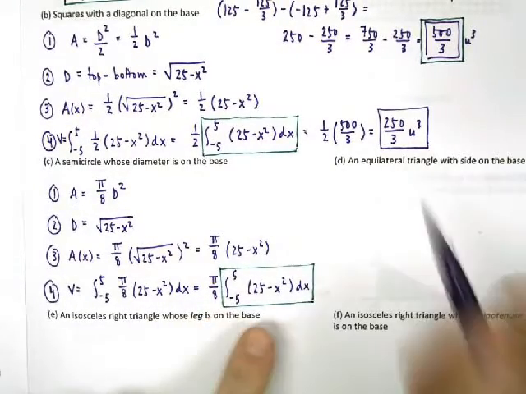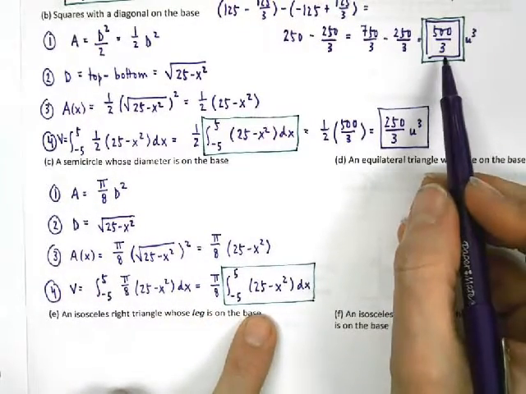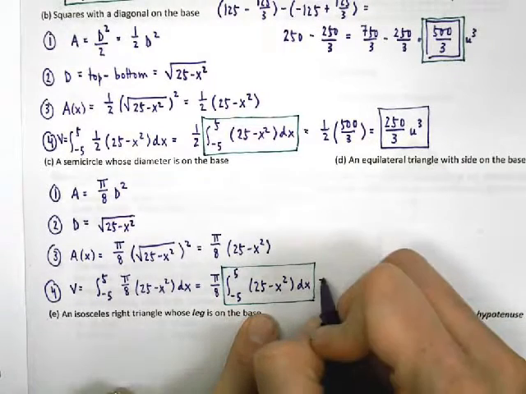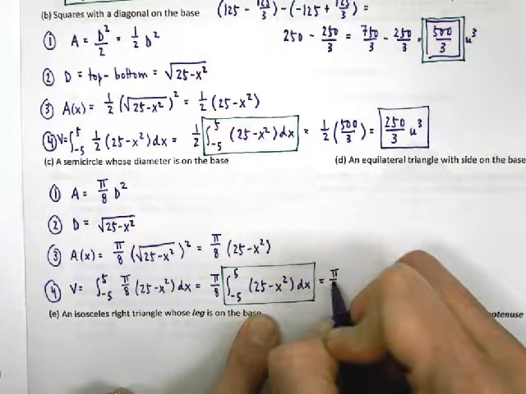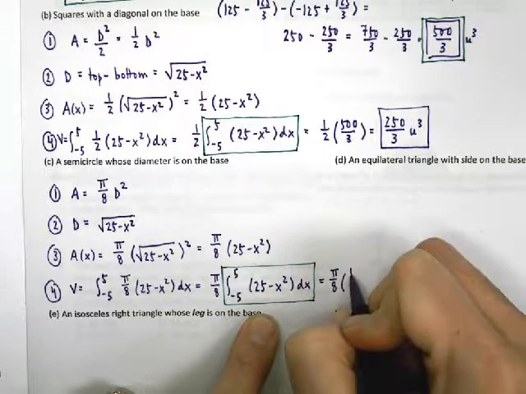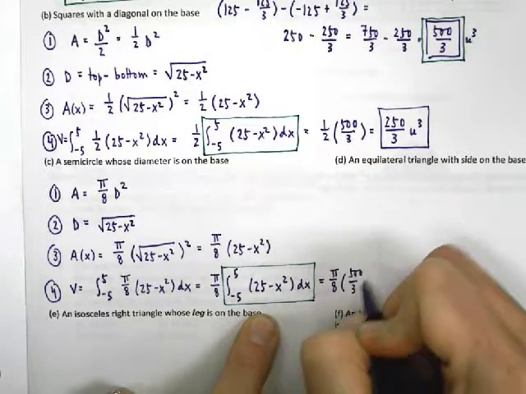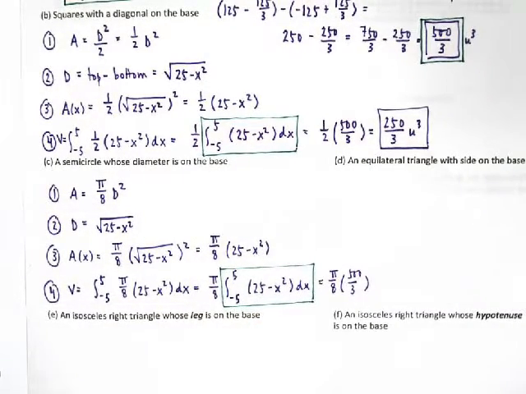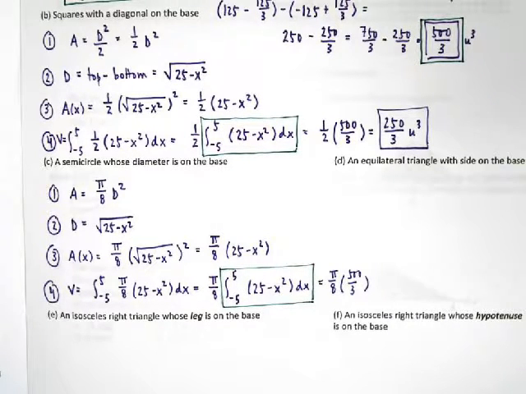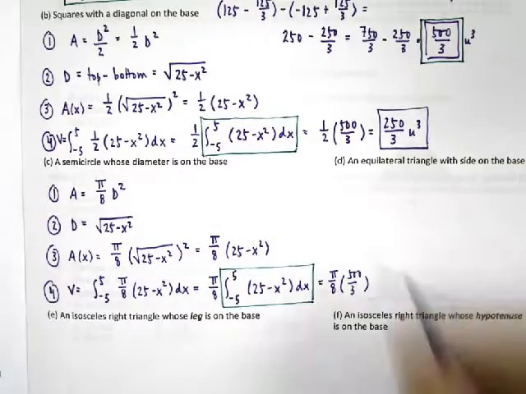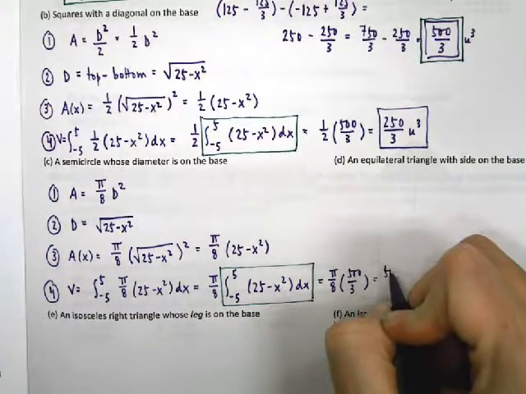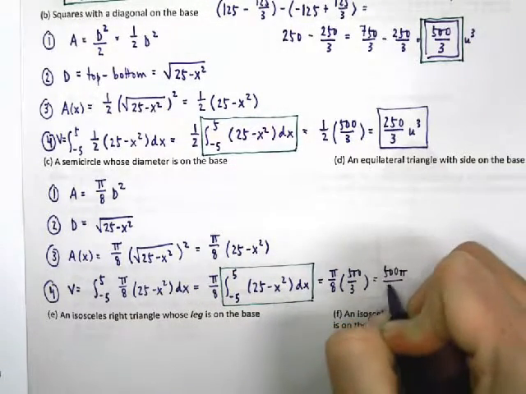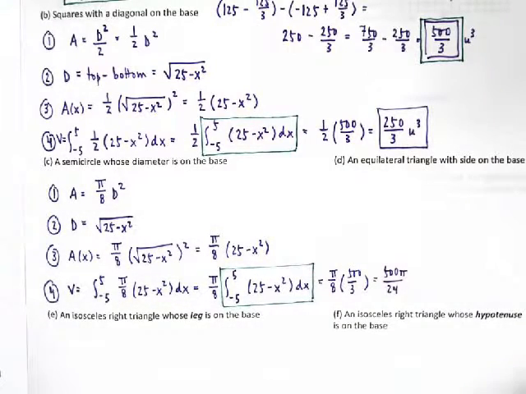So we're going to take the same answer. We know the value of that integral was 500 over 3. So we're just going to take pi over 8 times 500 over 3. And let's see, if we simplify this, we will get 500 pi over 24.